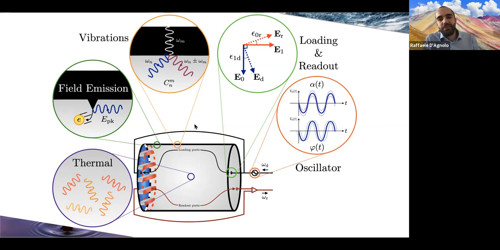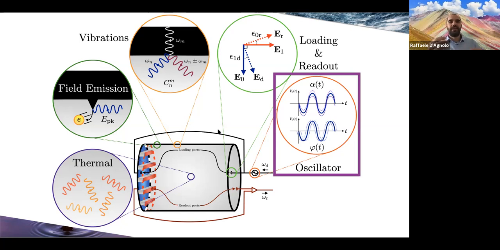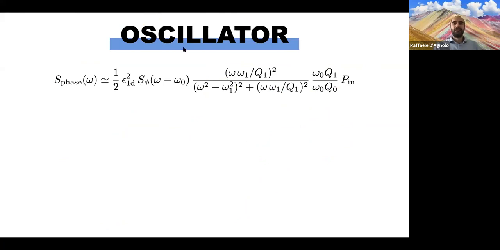I will start with the most obvious one, which is the fact that when you put electromagnetic energy in the cavity, you do it with an oscillator that is not monochromatic. So it's going to have some spectrum, and some of it can leak to the signal mode that you want to read out. This is the form of the power spectral density for this source of noise.